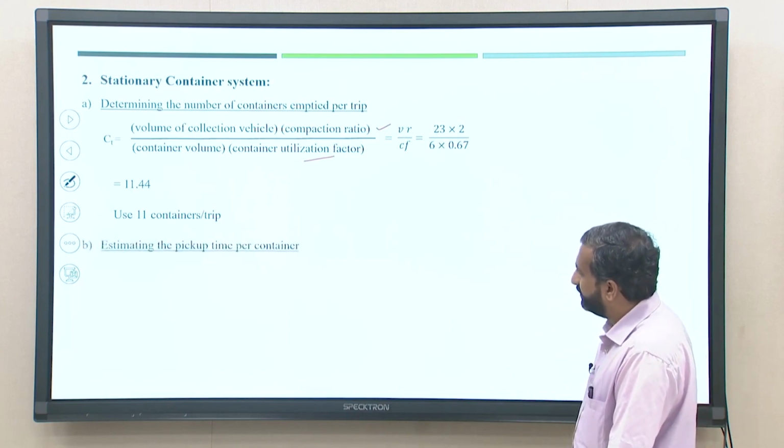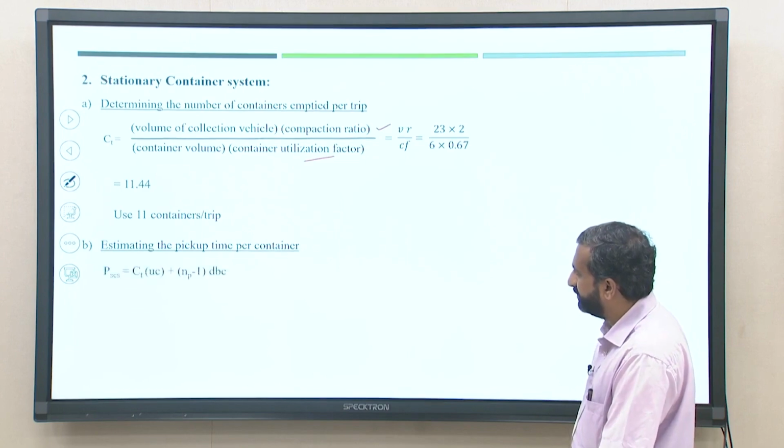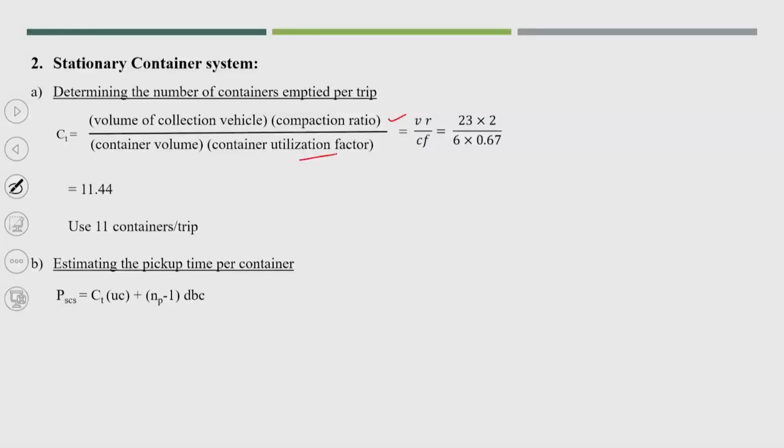Now we will estimate the pickup time per operation, and we know the equation PSS equals CT into UC plus NP minus 1 into DBC. In the last class I wrote N in capital, okay, NP minus 1 into DBC. Here also you can put N. DBC is the same A plus Bx and we put in the value.